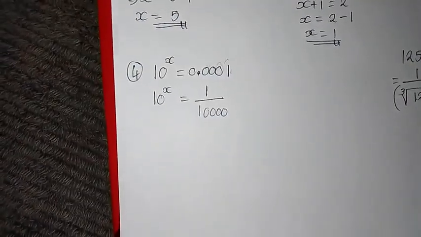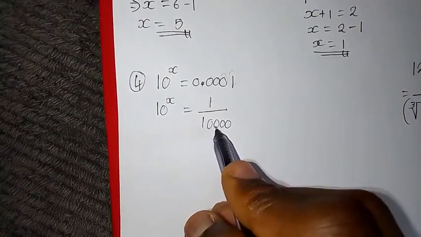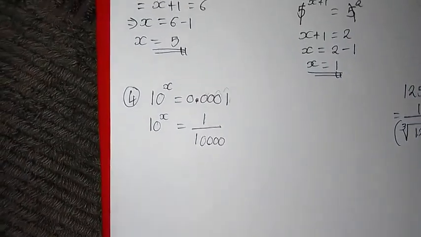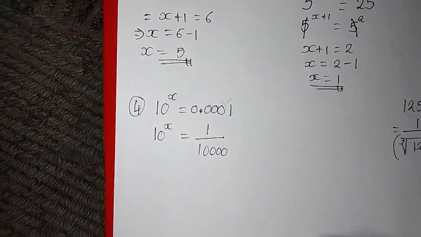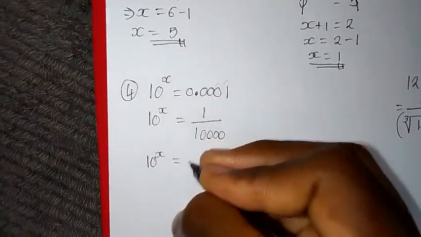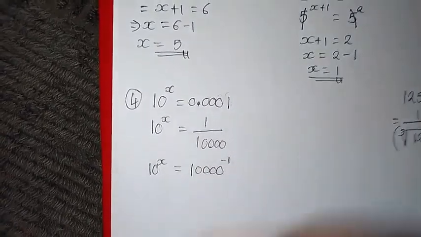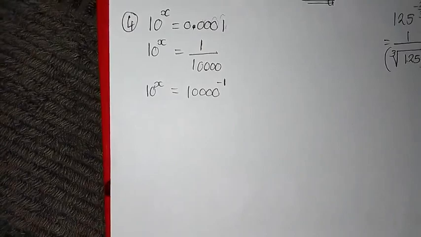So here, this 10,000, as we did for the previous example, we're going to raise it to the power negative 1. So 10^x is equal to 10,000 raised to the power negative 1. And let's now make the bases the same.